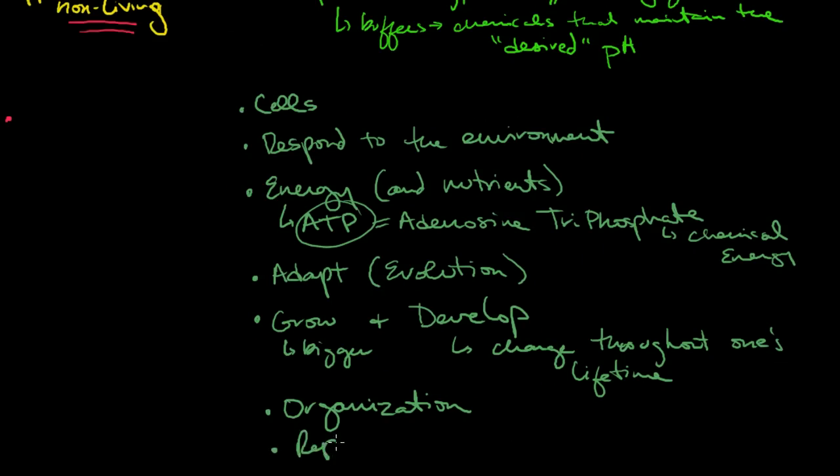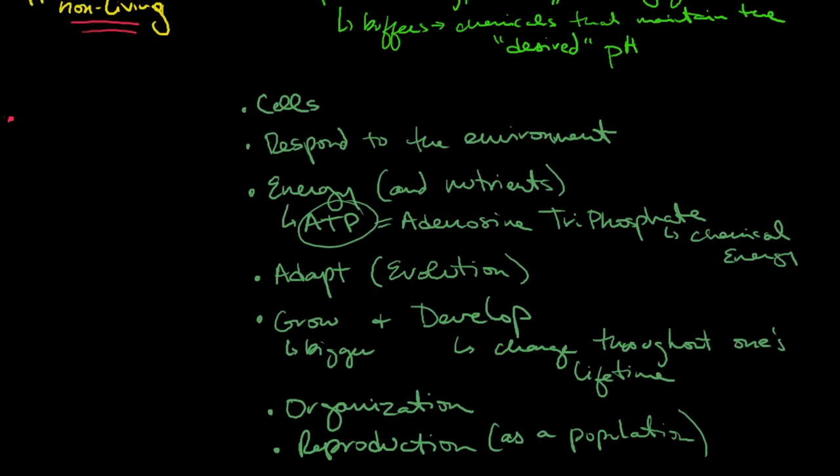And lastly, there's reproduction, that living things are able to reproduce, and that's why we have things that are still alive, because we wouldn't exist here if our ancestors were not able to reproduce. So all living things have the capacity to reproduce, at least as a population. Okay? So there are some exceptions, or possible exceptions to this rule, but we'll talk about those in class.